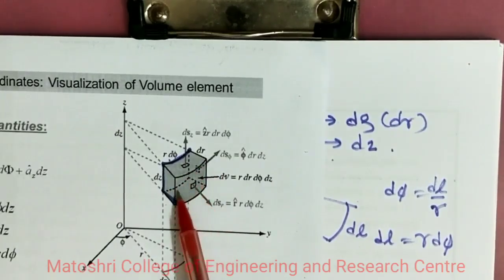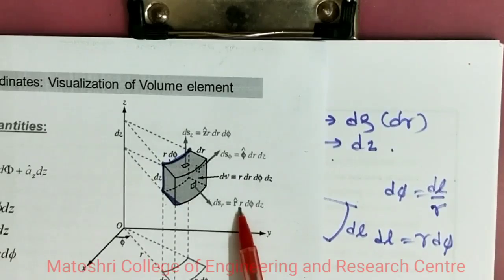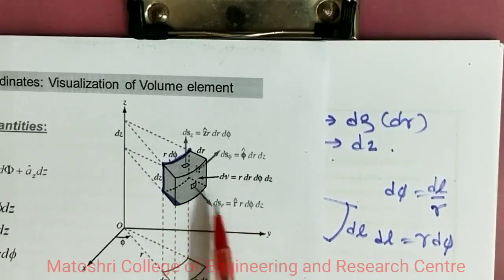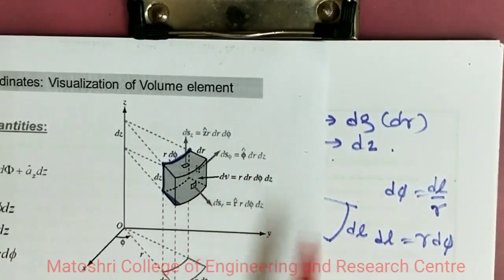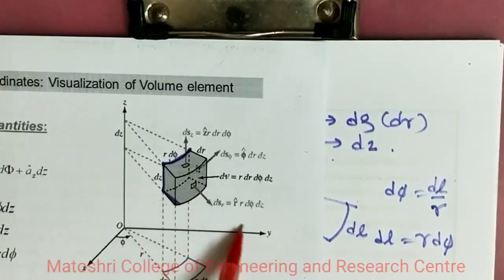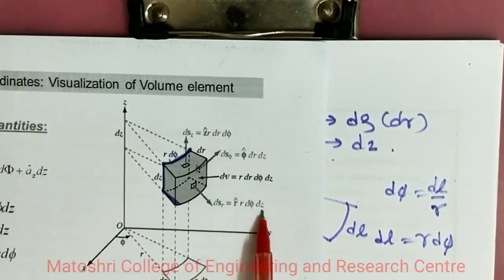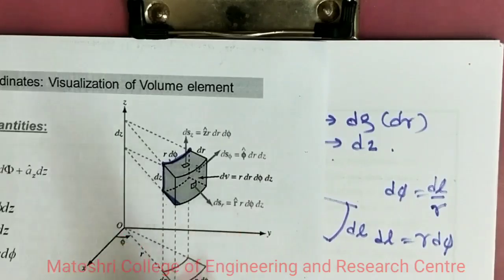So the surface area is r d phi dz, and it is directed perpendicular to the surface, in the outward direction. The outward direction is along the radius. That's why the surface area is r d phi dz in the direction a r.